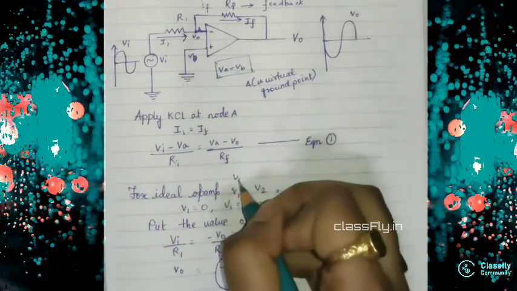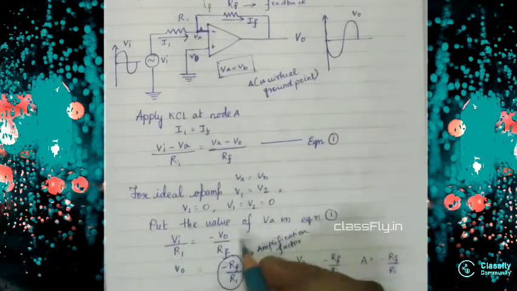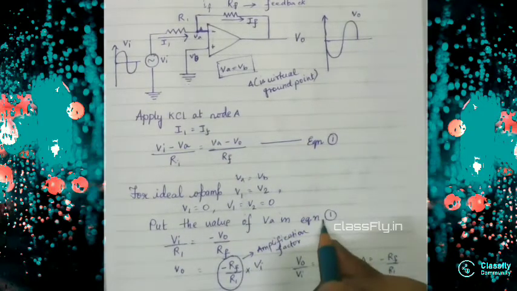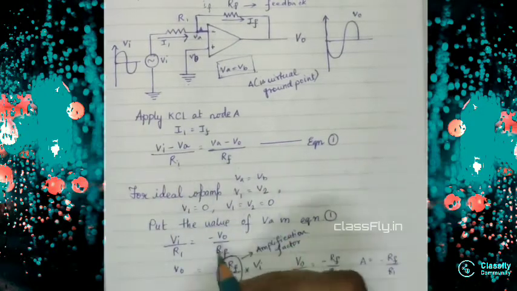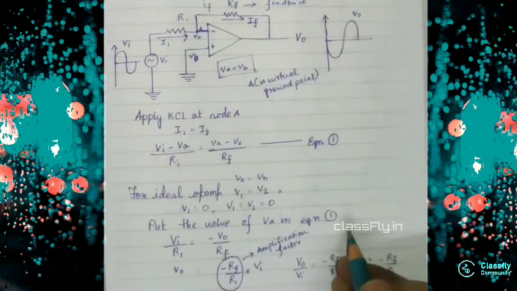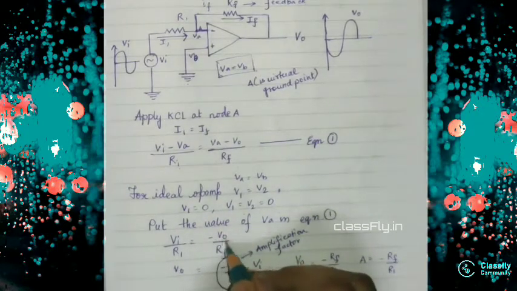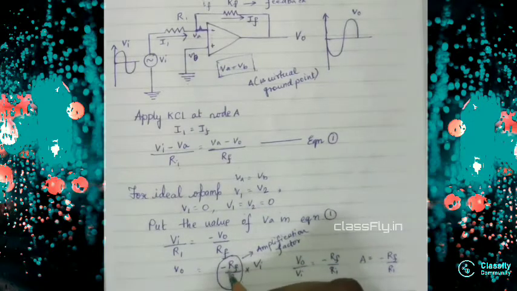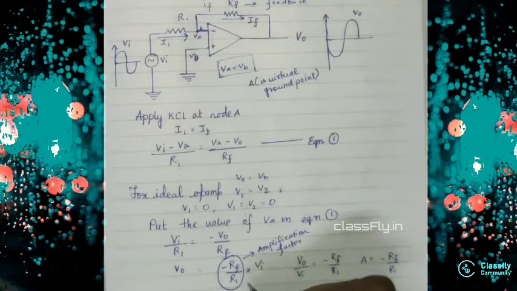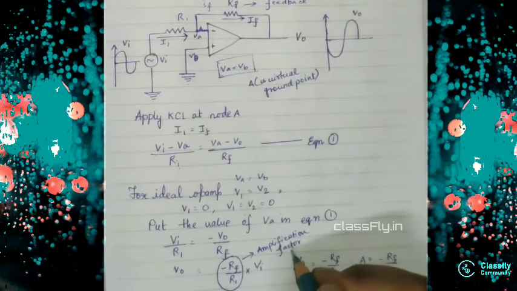Basically VA is equal to VB, so both are 0. When we put the value in equation 1, we get Vi by R1 equal to minus V0 by Rf, right? This is perfect. And if I only, because I have to find the output voltage, do this, we get V0 equal to minus Rf by R1 into Vi, and Rf by R1 is the amplification factor.